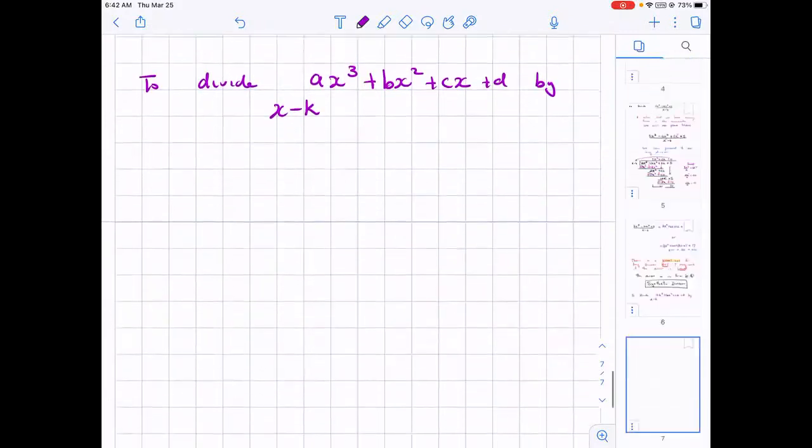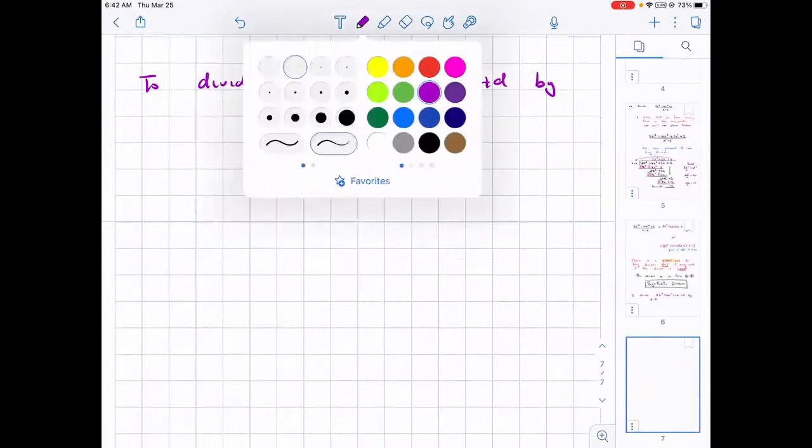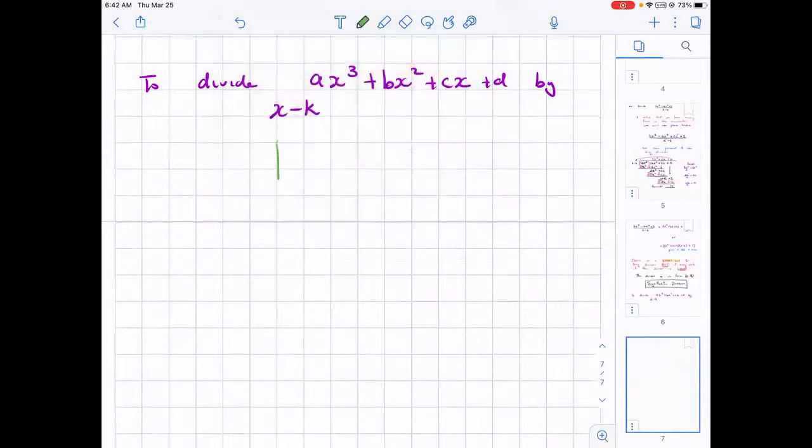So what we do here, notice how we draw the box now. The box is drawn this way. Actually, I don't need to make it that big. Let's do it this way. Now pay attention here.